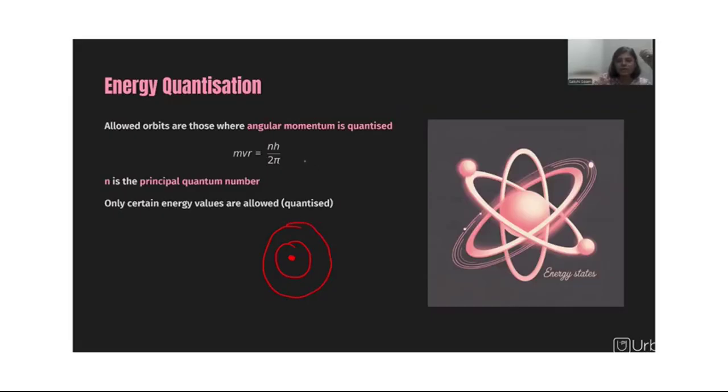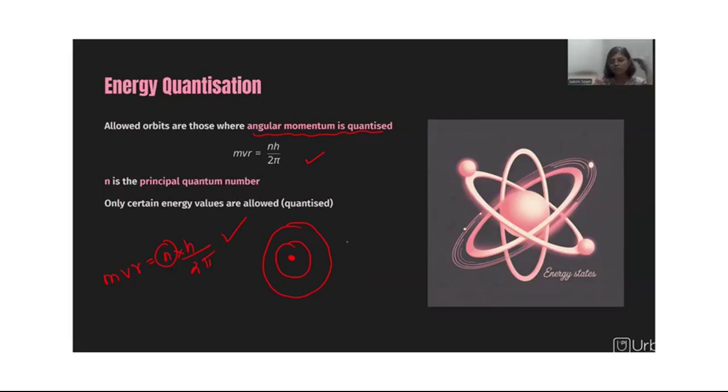He said that allowed orbits are those where angular momentum is quantized. What is angular momentum? We already know that angular momentum is equal to mvr, which is n into h by 2 pi. So he said that the n value for a particular shell should be a whole number.